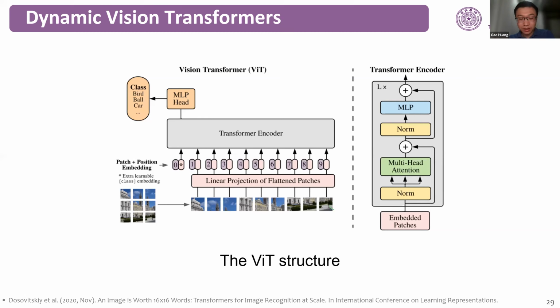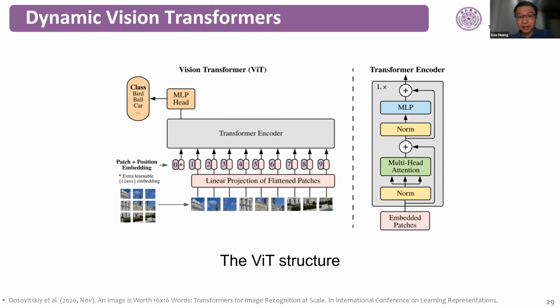For example, in the paper, they will have 16 by 16, that's 256 tokens. And they put this sequence of tokens into a transformer encoder, and then they retrieve the prediction from an MLP head.